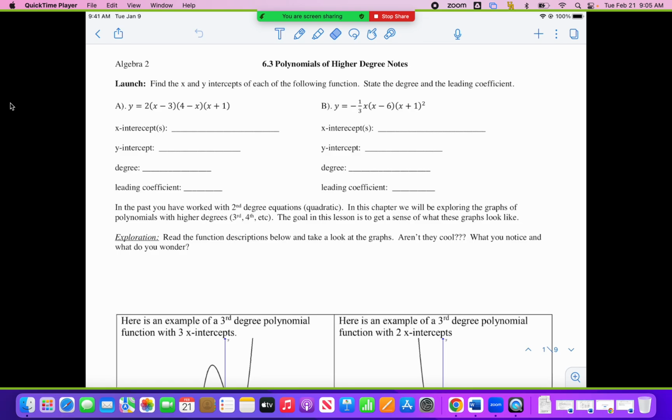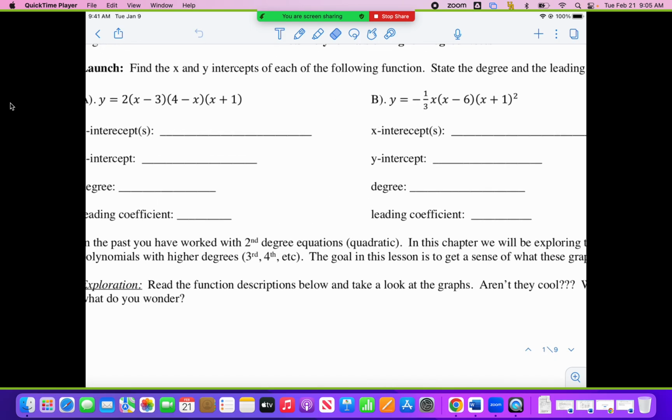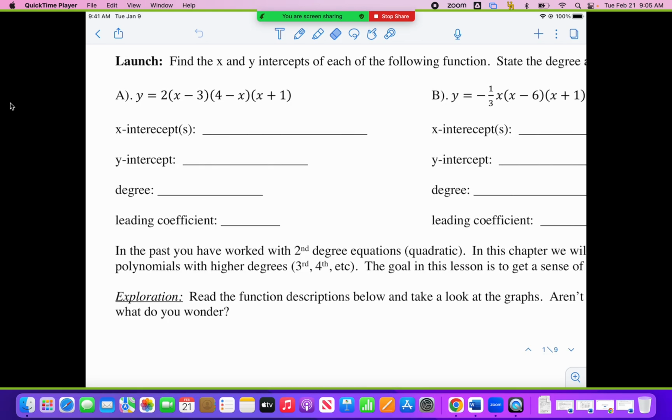So DP, how do you find x-intercepts? It's like x minus 3, that would be 3. Yep. And then what about 4 minus x? It would be 4.